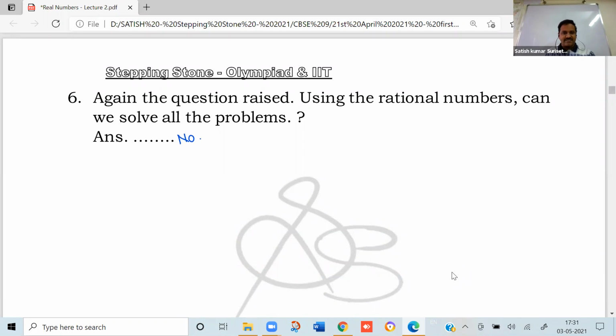Suppose I take x square plus 1 equal to 3.